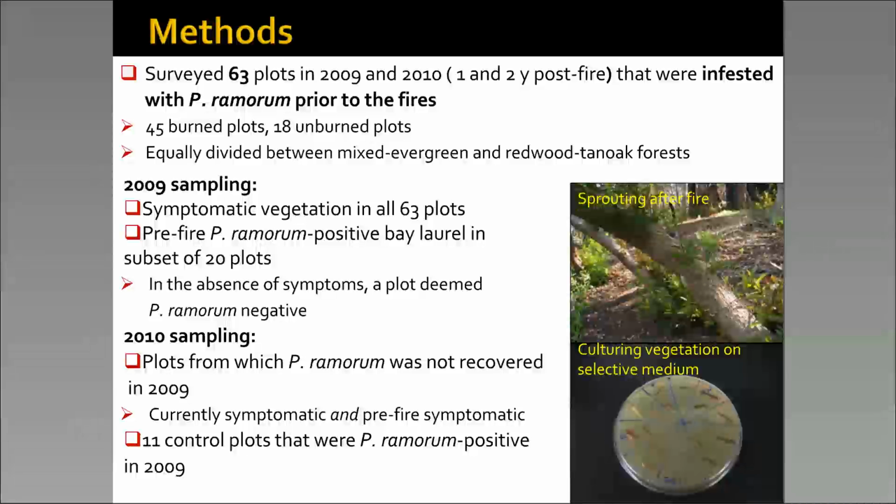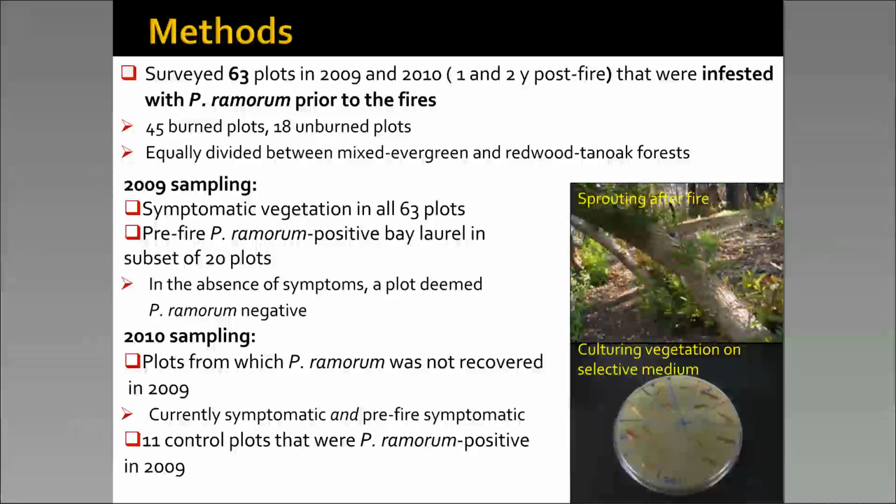We insert them into a selective media that only allows Phytophthora species to grow in it. It doesn't allow other fungi or bacteria. And so then we use microscopic identification of the pathogen growing out of those tissue sections to determine if indeed it is Phytophthora ramorum.